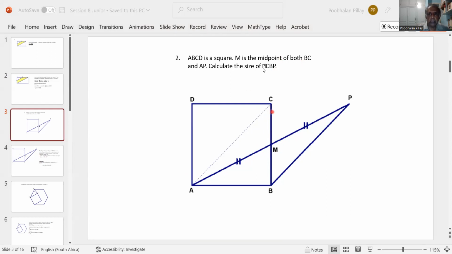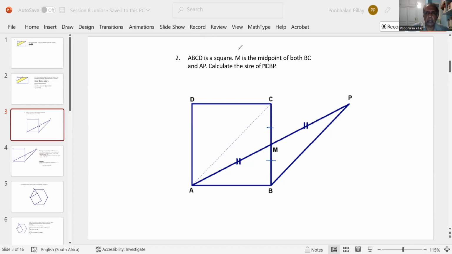So in other words, that is not written down here, so we will do it. We'll say these are equal. M is the midpoint of this. Now this line here was not joined. I shouldn't have had this line here at all. The question is, calculate the size of angle CBP.